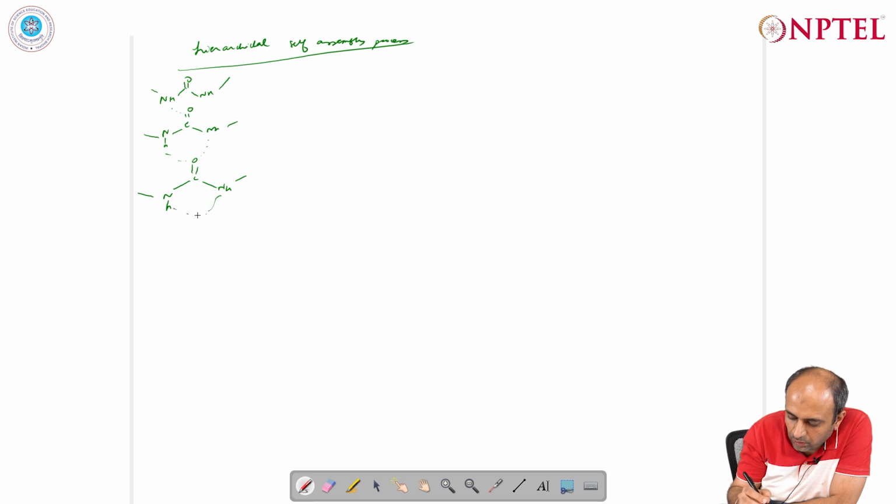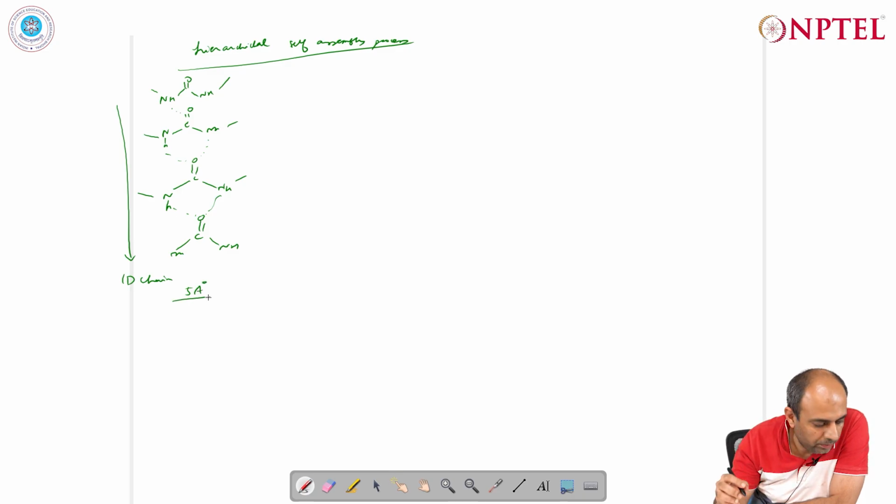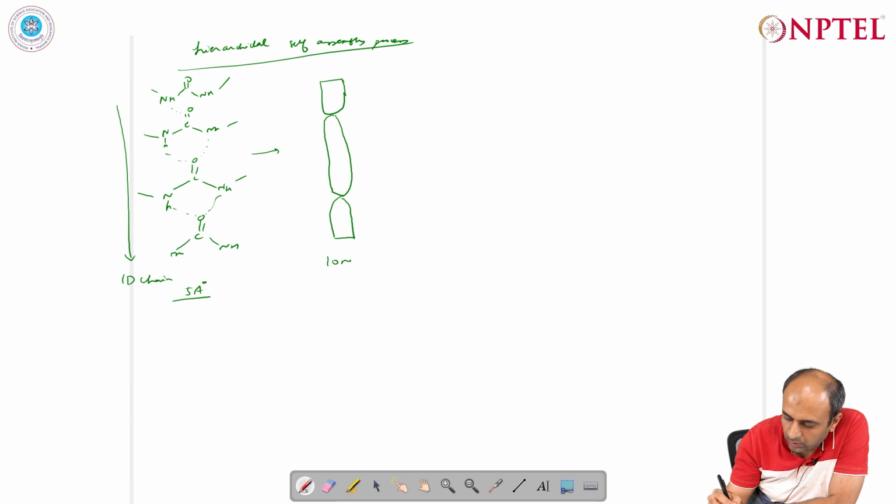So you can see that this forms this kind of a 1D chain like structure around 5 angstrom in length. These can further aggregate extensively to form these kind of assemblies of 10 nanometer dimensions, and finally they can again grow into long fibrils which get entangled.